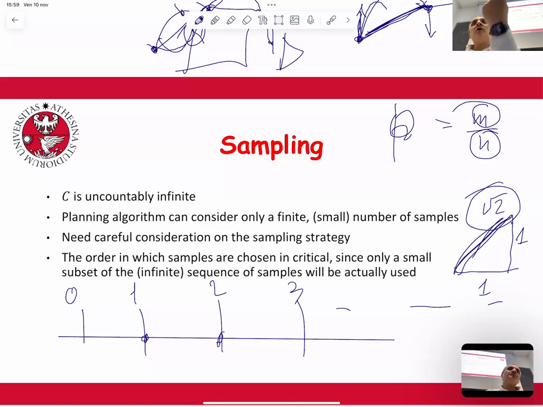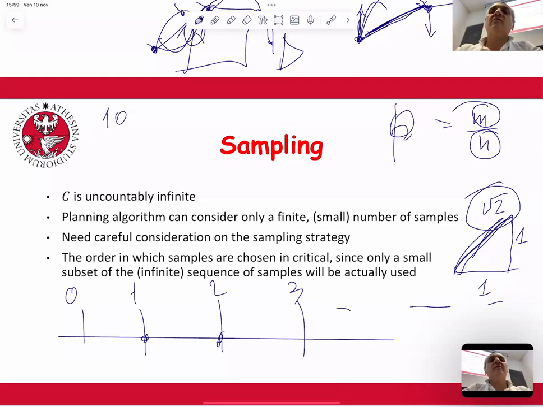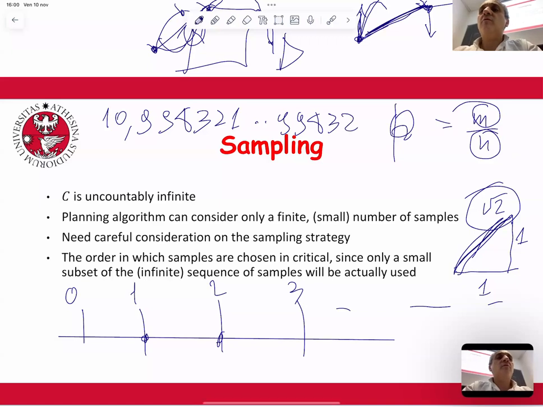And how do you distinguish a countable from an uncountable number? If you consider any fraction, you can have something like 10.998321, etc. But then at some point, you will repeat again the same sequence, right? And this is called periodic.